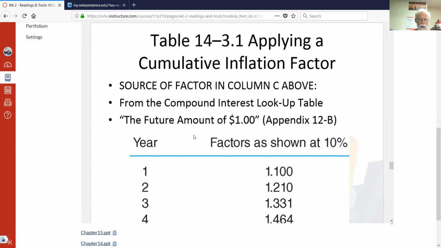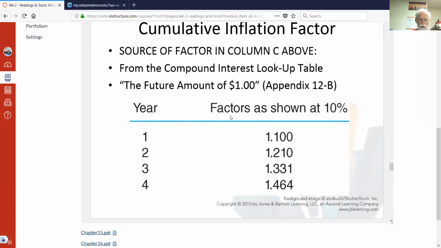So what we're looking at here is a simple calculation. If we look at $1 today, then a year from now, if we have a 10% inflation factor, and we're talking about inflation in terms of costs of goods, costs of people, costs of credit, costs of a lot of different things.